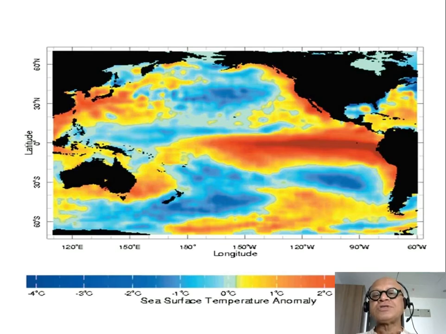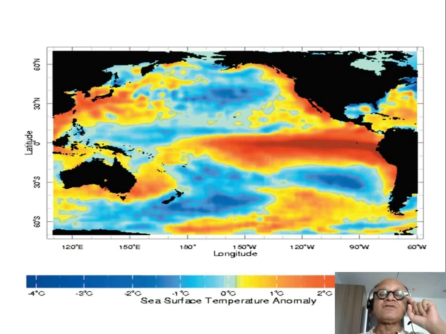Entire eastern coast of the Pacific, so the west coast of the US all the way into Alaska, and the South American coast all the way down to Patagonia and so on, can become much warmer depending on how strong the El Nino is. So this warm anomaly is very strong here.